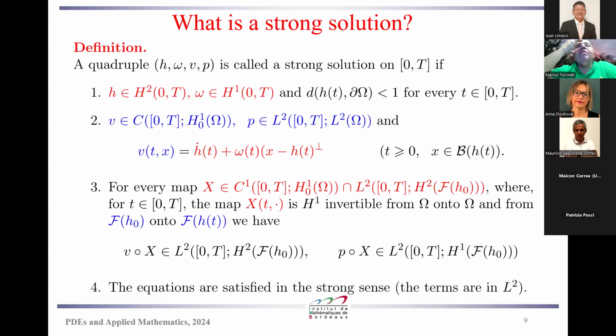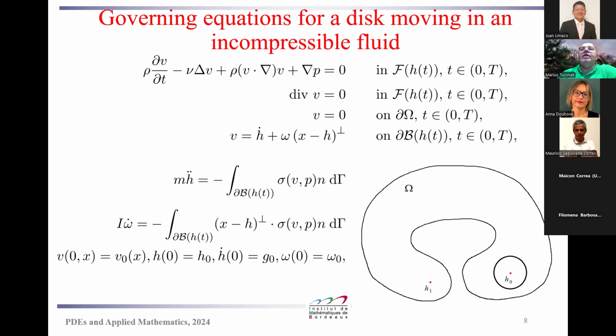Now, what is the solution? Due to the fact that the boundary is moving in an unknown manner, we have to define this carefully. Things are easier for strong solutions, which I define on this slide. So the idea is that you can construct quite easily, whatever the position of this ball is, here is the initial position.